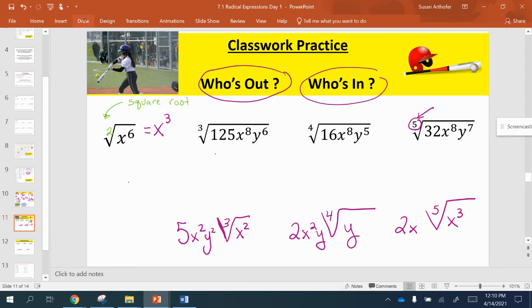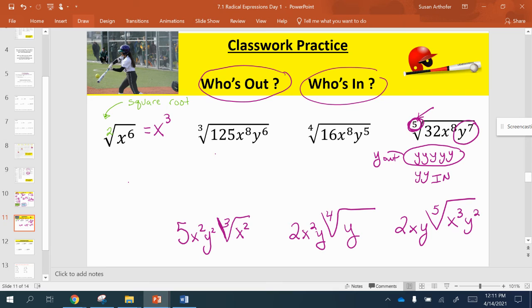Okay, now we're going to do the y to the 7th. I need to draw them in sets of 5. So 1, 2, 3, 4, 5, 6, 7. It takes 5 to get out. So y is out. These are still in because I only have 2 and I needed 5, right?